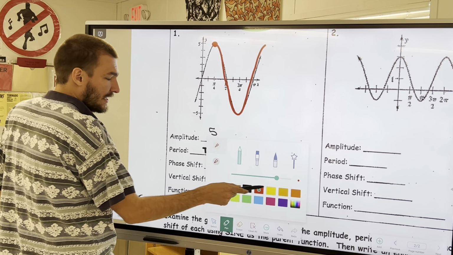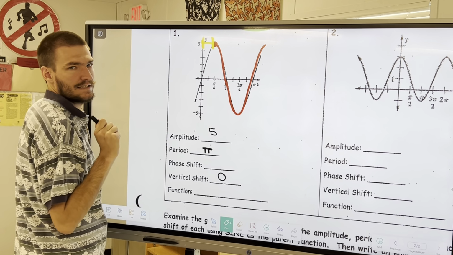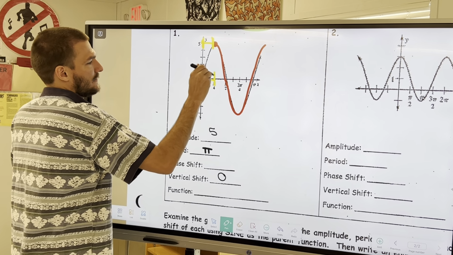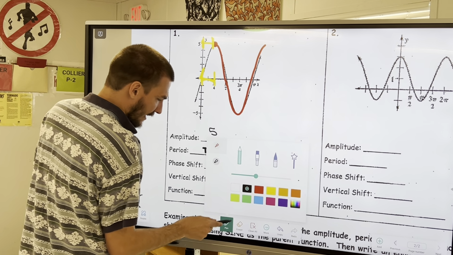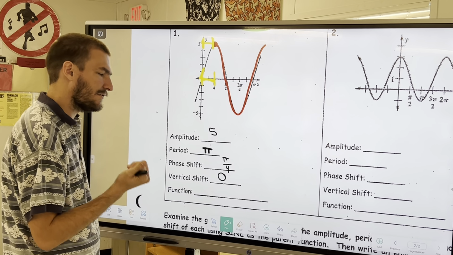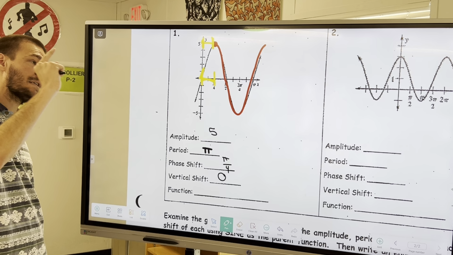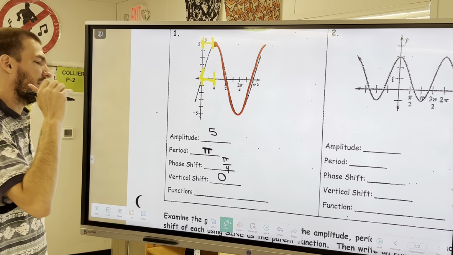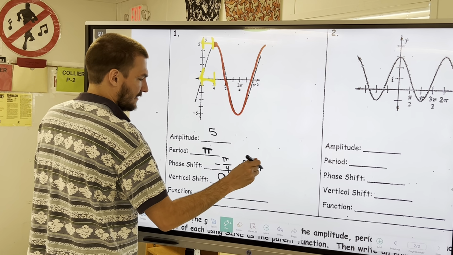And so what we're looking for is, how far is that? It is pi over 4. And then we need to decide, is this positive or negative? When you move to the right, it's always opposite, negative, because we moved to the right.